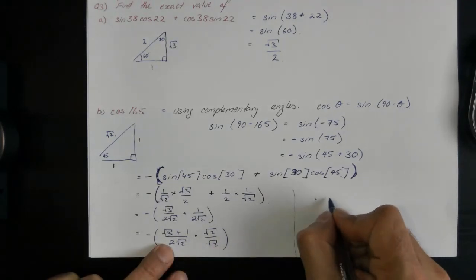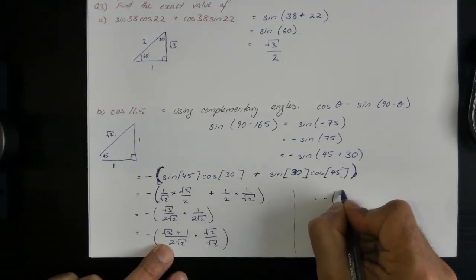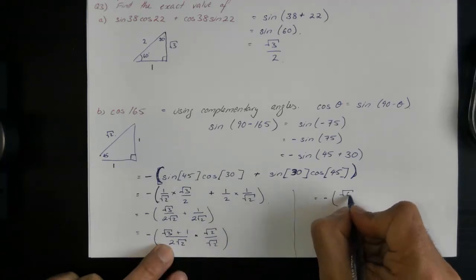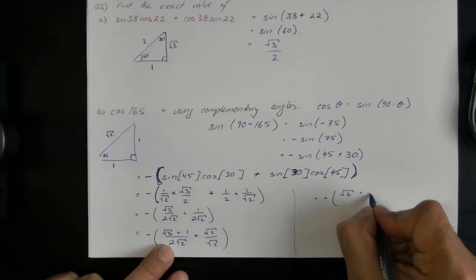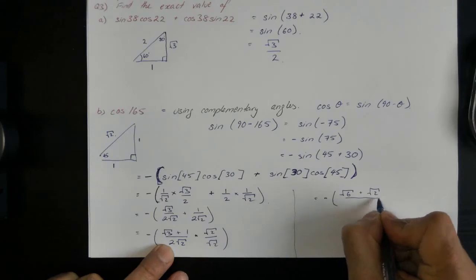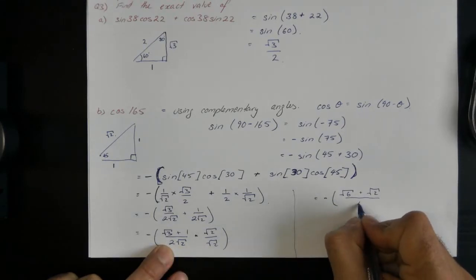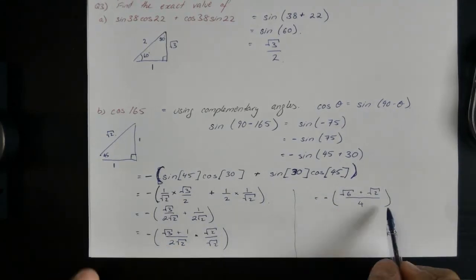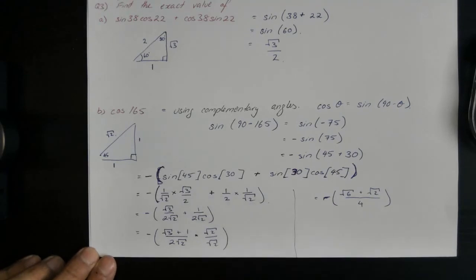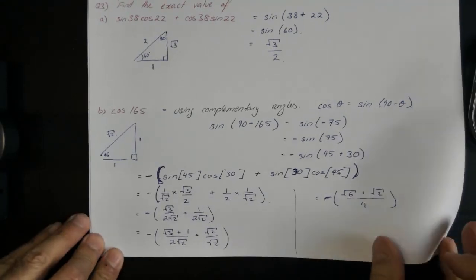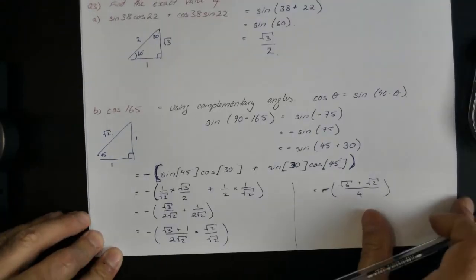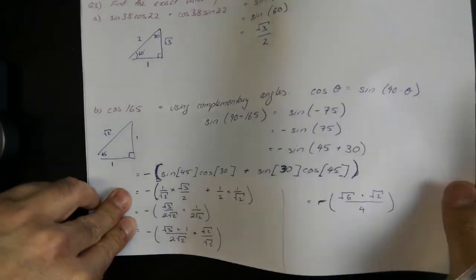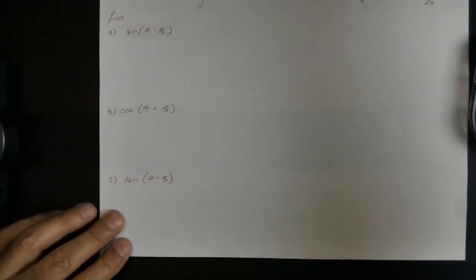So that's going to give us square root 6 plus square root 2 over 2 times 2, which is 4. And that's your final answer with the negative at the side.